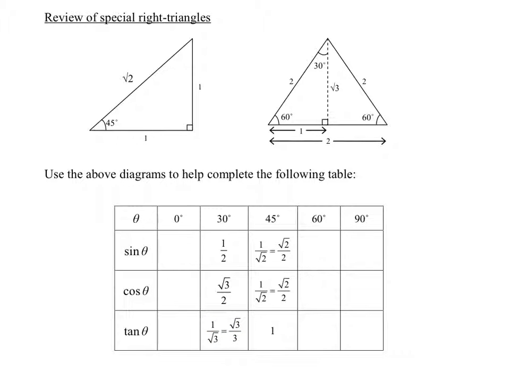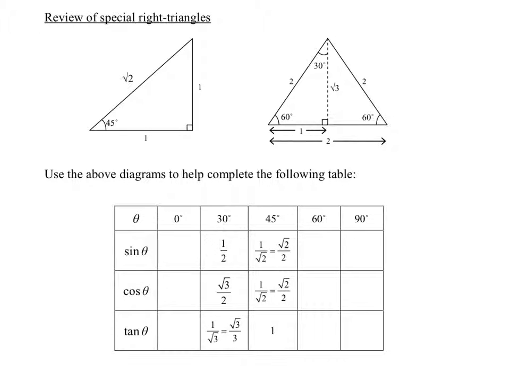Okay, now that I've shown you how to get the sine, cosine and tangent of 30 degrees, what I'd like you to try is to put in here the sine of 60, cosine of 60 and tangent of 60. Pause the video and then come back once you've finished.